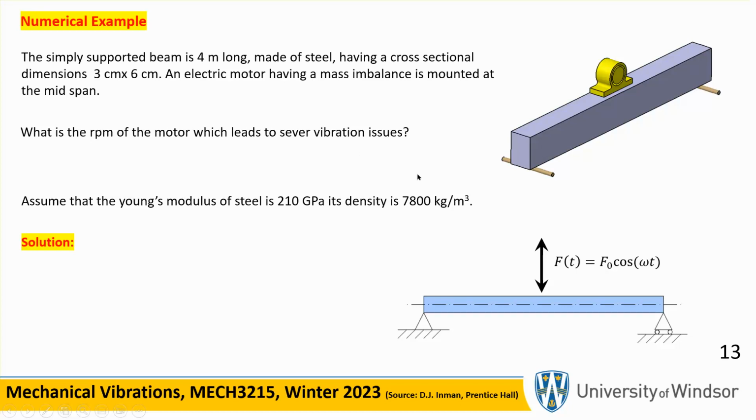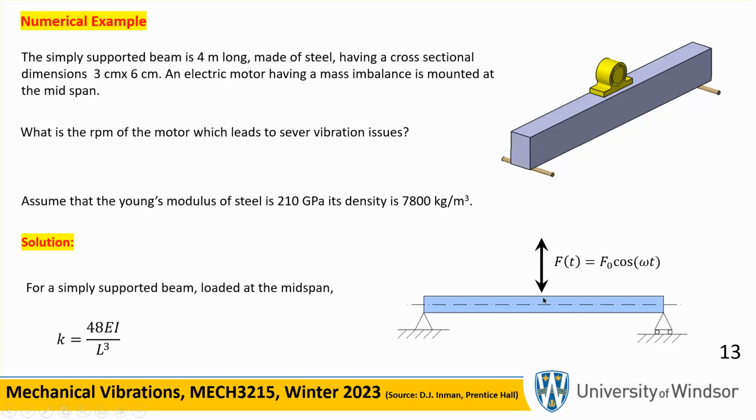So first of all, we are assuming that this is made out of steel, and the density of the steel and Young's modulus are given here. Now notice that this problem can be viewed as a fancy spring and a mass. The mass is the mass of, for example, the beam. You can take the mass of the beam and work it out.